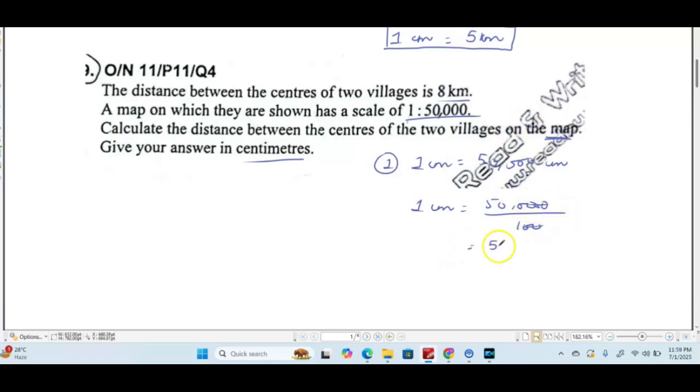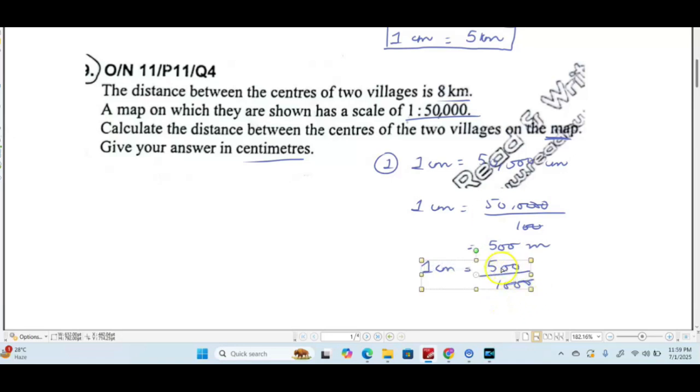So that gives us 5,000 meters. And then we are going to convert it into kilometers by dividing it with 1,000, because 1 centimeter is equal to 1 over 1,000.